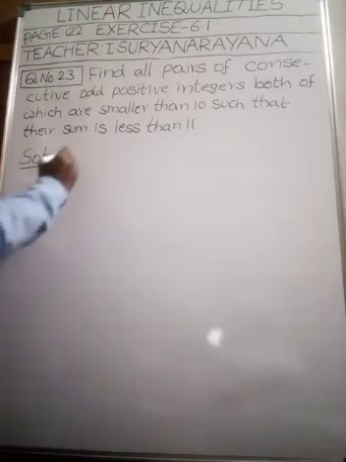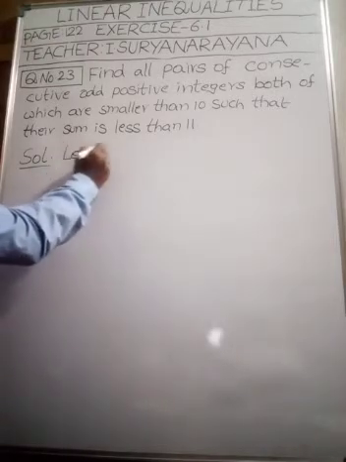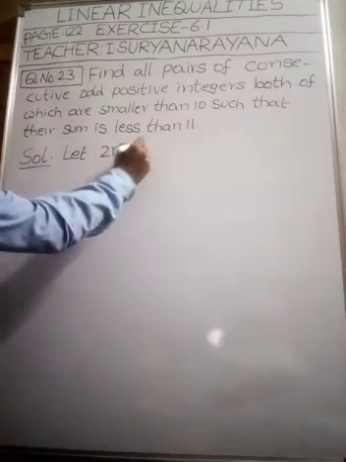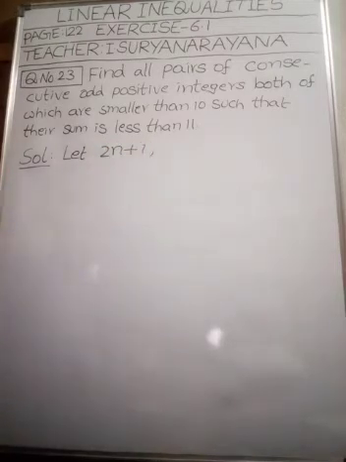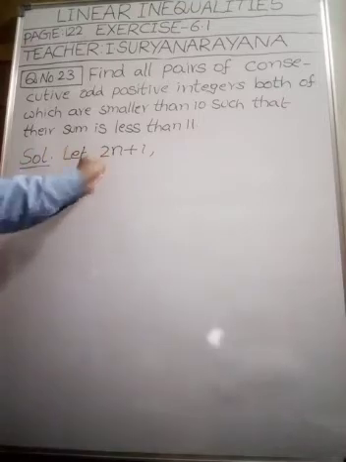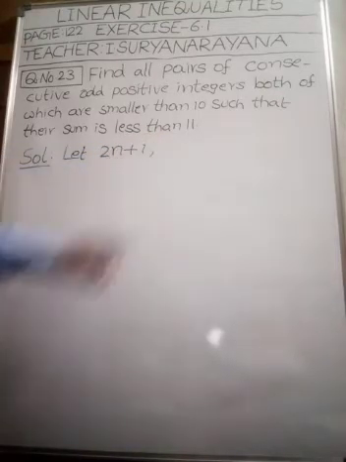So let 2x plus 1 be an odd natural number, then the next odd natural number is 2x plus 3.